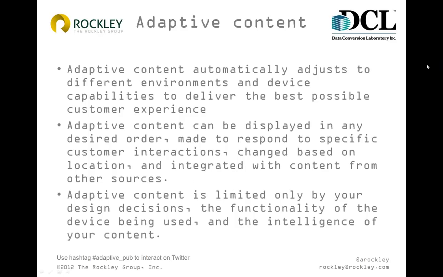So with adaptive content, as I said before, it automatically adjusts to different environments. It doesn't mean that we still don't have to think about what the different environment is and what the impact is. But once you've got an understanding of what that device is capable of, you can say, these are my business rules: if someone is viewing my content on this device, when you see this type of information, automatically change it to something else.